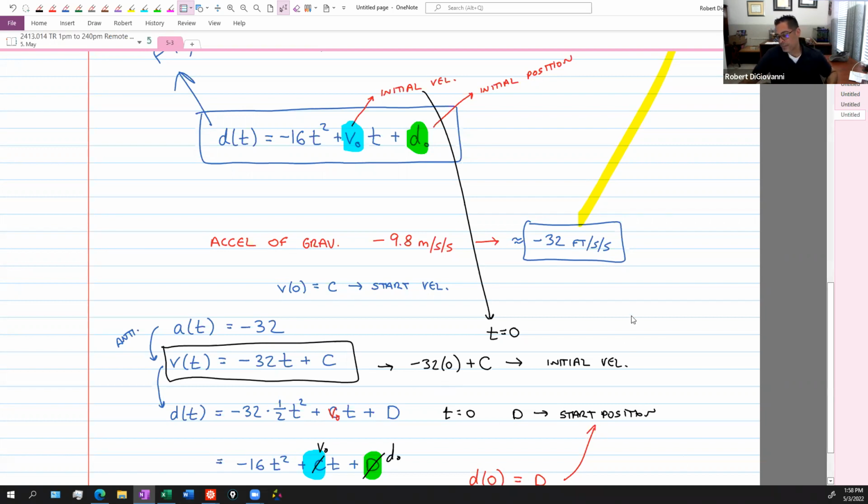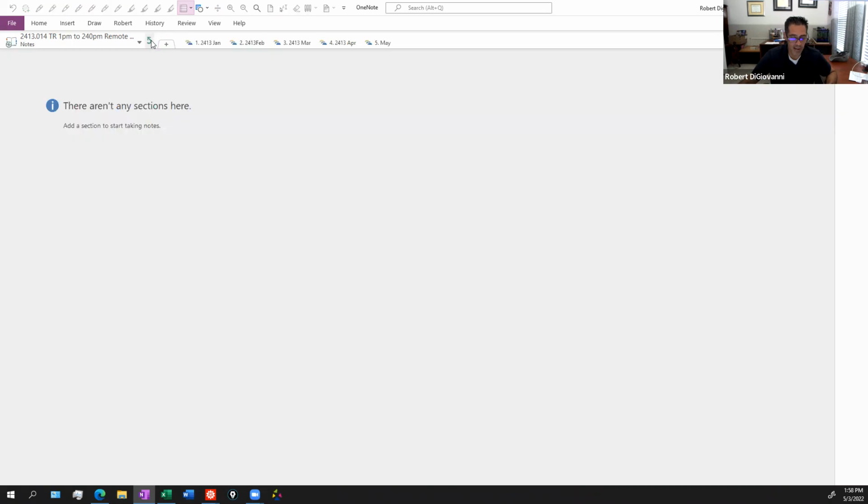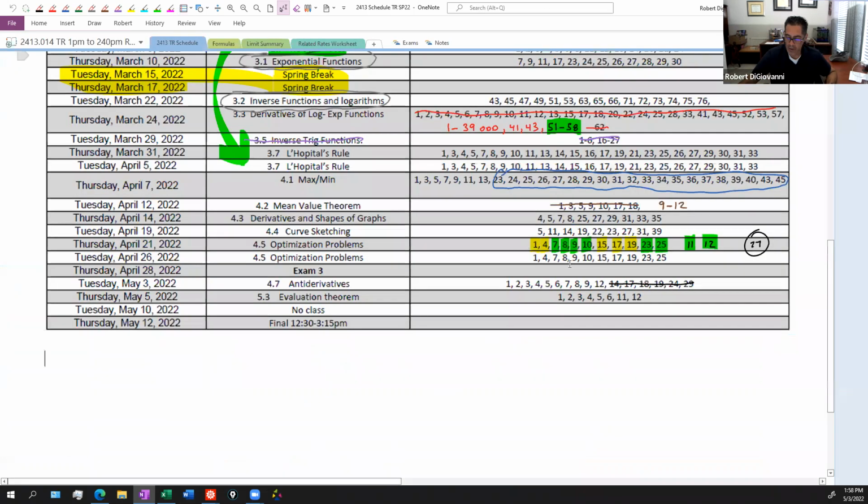All right, I'm ready to move on. You should now be able to handle the rest of the problems from 4.7. There were some problems I told you to not look at. I told you not to do 14 through 29. So now you can, because those are problems where they give you the second derivative and ask you to go backwards to the original function, and they give you some conditions like I did today just now.